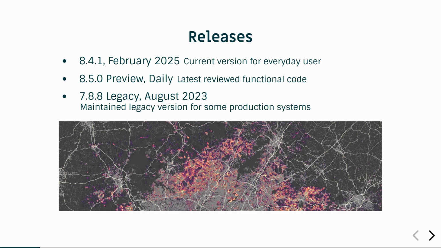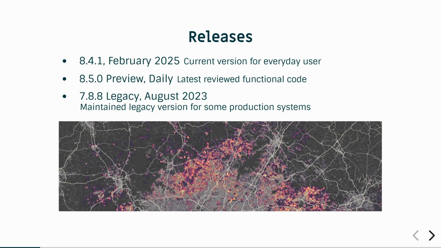But we have also a daily preview version, which is using the latest reviewed functional code. So this might be a little less stable, but at the same time, it's reviewed and vetted. And then we are also maintaining a legacy version for some legacy production systems. So that's currently version 7.8.